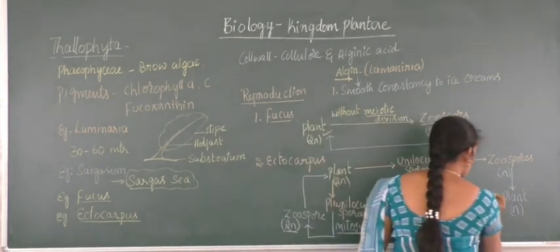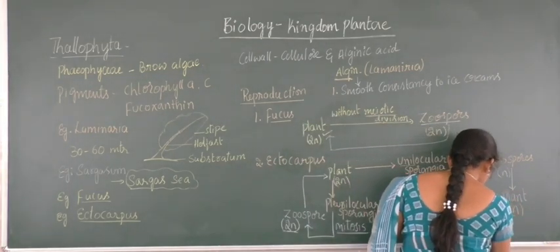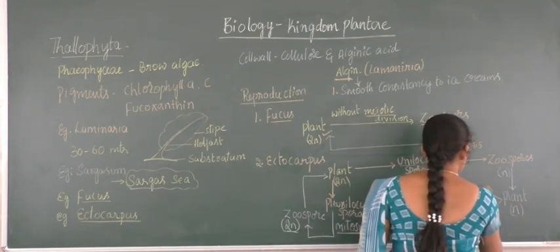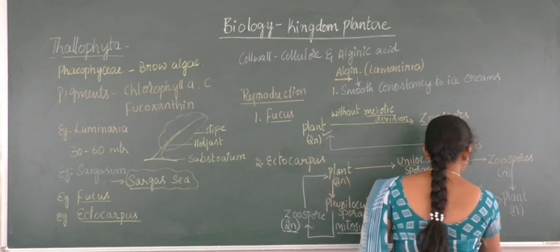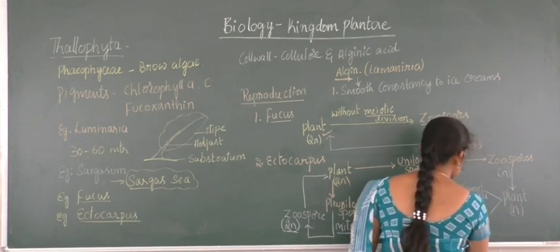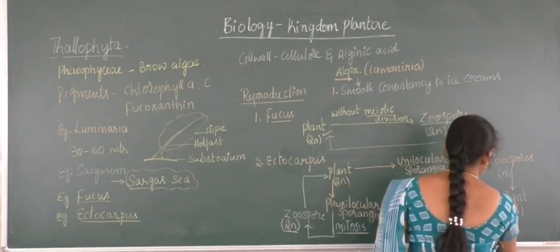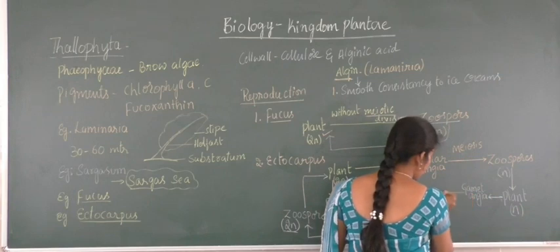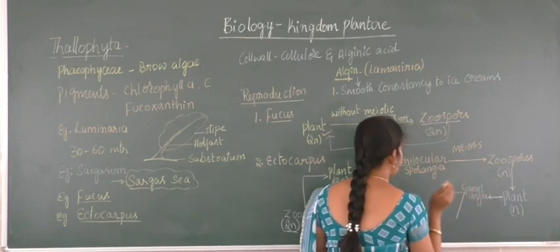And this plant body again forms gametangia, gamete producing bodies. These will develop into two different types of gametes.